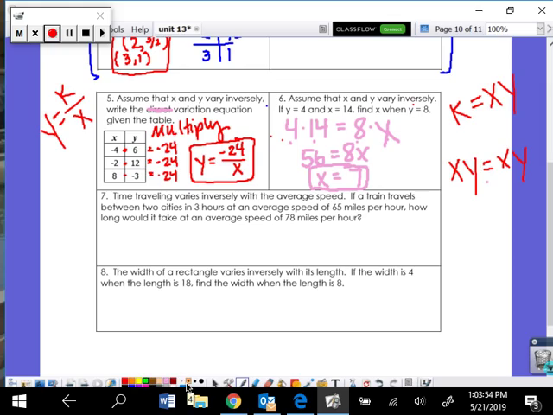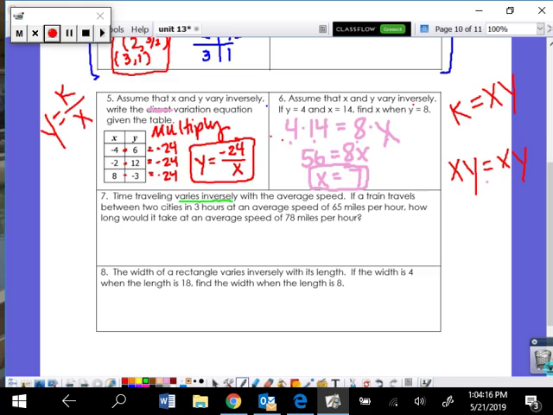All right, 7. Time traveling varies inversely with the average speed. If a train travels between 2 cities in 3 hours at an average speed of 65 miles per hour, how long would it take at an average speed of 78 miles per hour? So again, varies inversely. We're going to say x times y equals x times y.